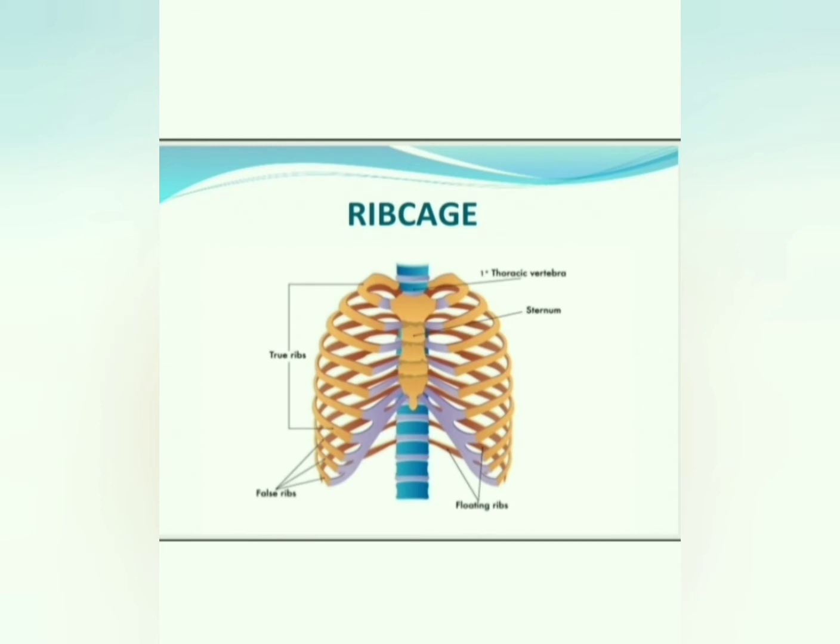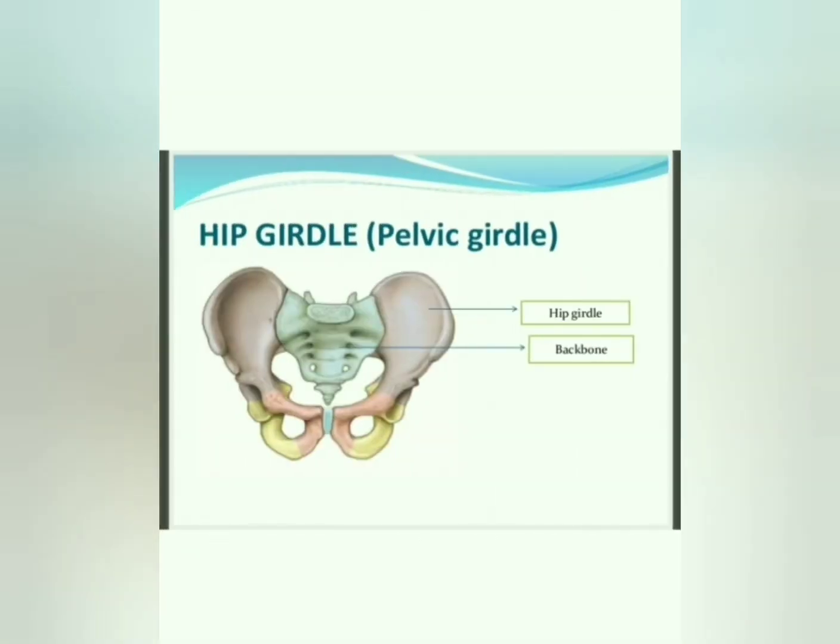In each chest cavity there are 12 ribs. This is the use of the rib cage: it protects the heart and lungs. Next is the hip girdle or pelvic girdle. We already saw the picture of the pelvic girdle, which helps us to sit.